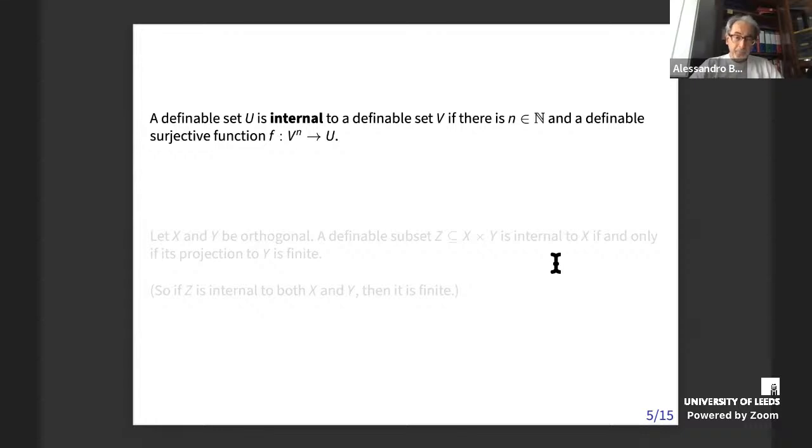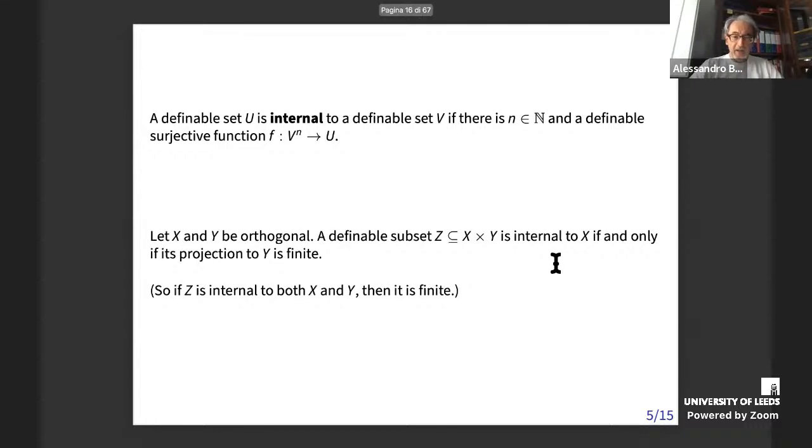Now, an observation is that if X and Y are orthogonal and you have a subset of X times Y, this subset can be internal to X if and only if its projection to Y is finite. So namely, you have X times Y, you can depict it as a rectangle, X-axis, Y-axis.